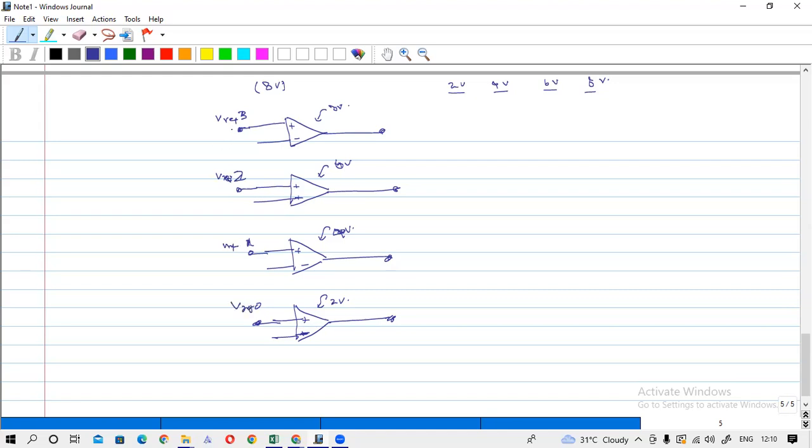What are the reference voltage values we should give? Very easy, tell me. You are going to compare the 8 volt. You give a voltage here, and you want to compare whether it is greater than 8 volt or less than 8 volt. So what reference voltage should you give here?